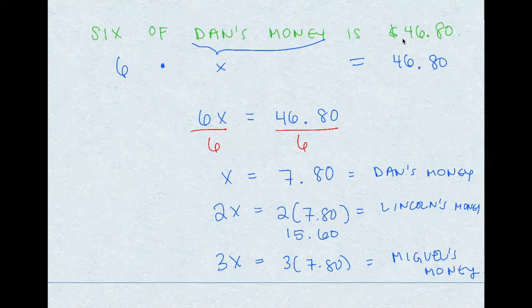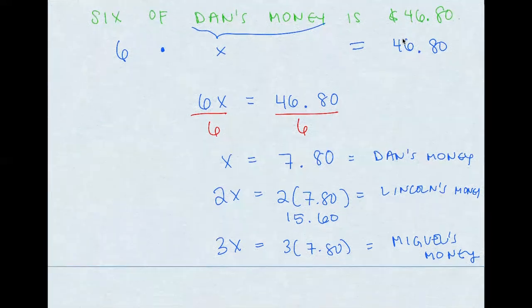So whether you want to interpret it this way using just straight algebra, that Dan's money is going to be defined as X, and then define Lincoln and Miguel's money in terms of Dan's money, solve out algebraically and get the values the same as before. $23.40 for Miguel, $15.60 for Lincoln, and then the $7.80 for Dan.